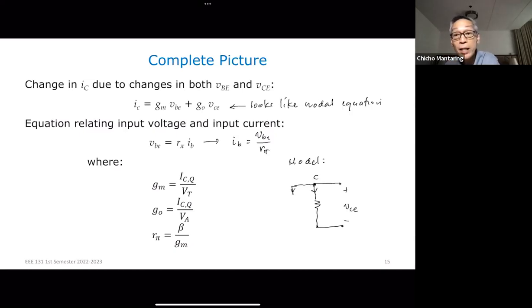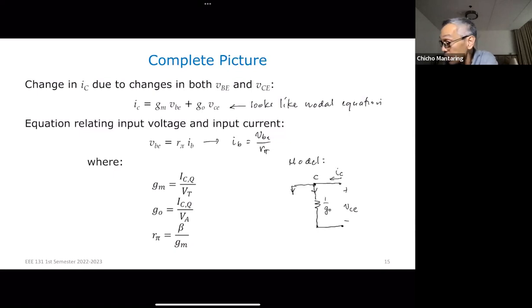Remember, this is a small signal model, so this should be small c, small e. This is going to be my I, small c. And this resistance is just 1 over G sub O. Or R sub O. No? R sub O, or 1 over G sub O.